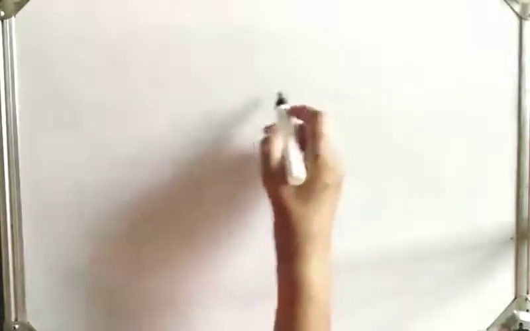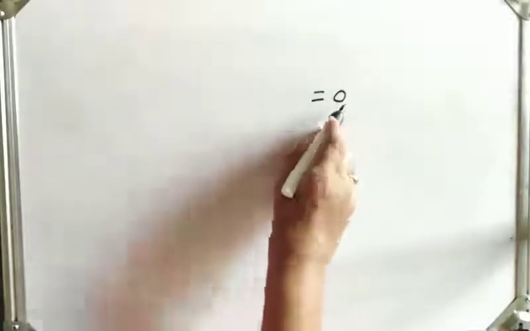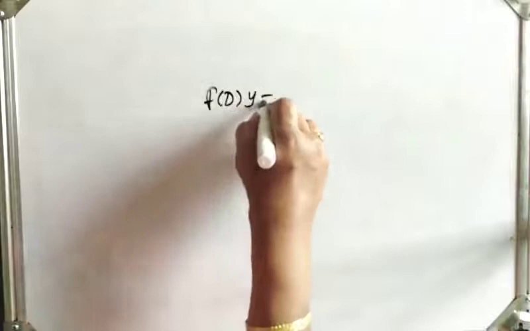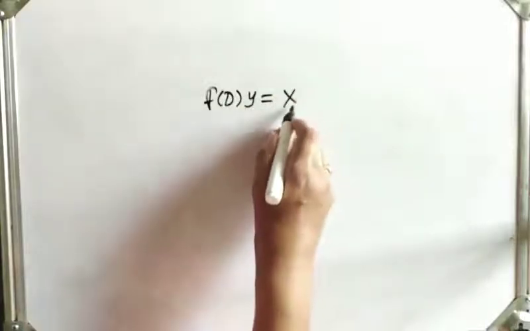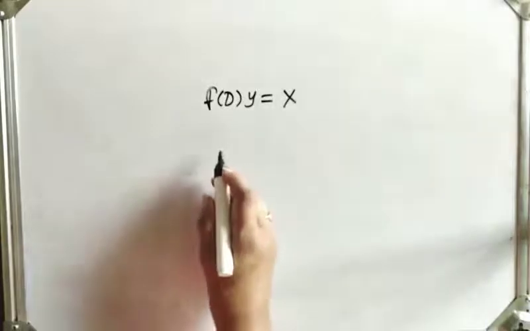Now up to this point, which differential equations have we solved? We solved all equations which are homogeneous, meaning whose right hand side was 0. Now in general, if the right hand side is not 0, meaning the differential equation is f of d into y is equal to x, then this equation is a non-homogeneous equation.